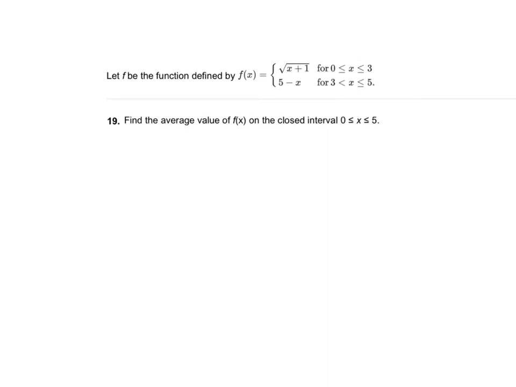Okay, last problem. Find the average value of f on the closed interval. Average value has a formula. For us, b and a are 5 and 0, so this is just 1/5.